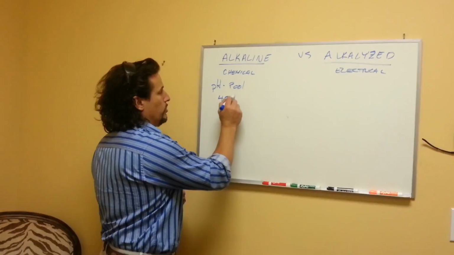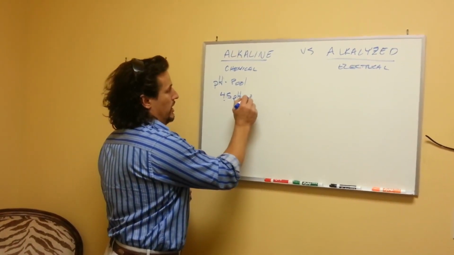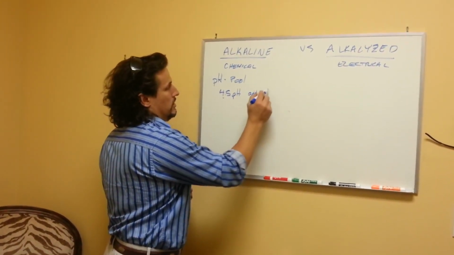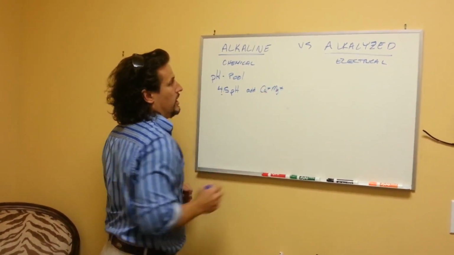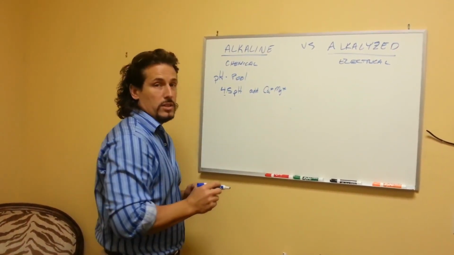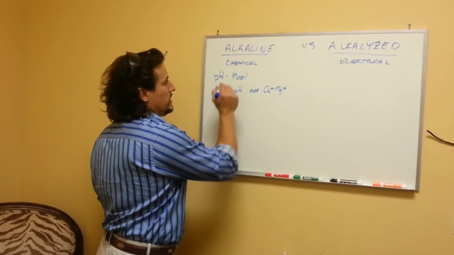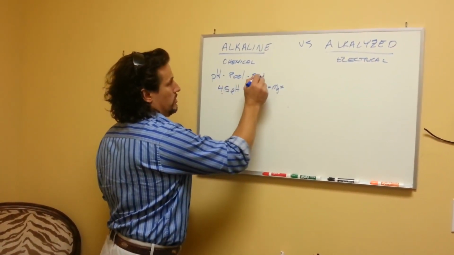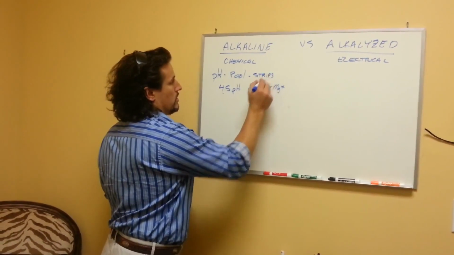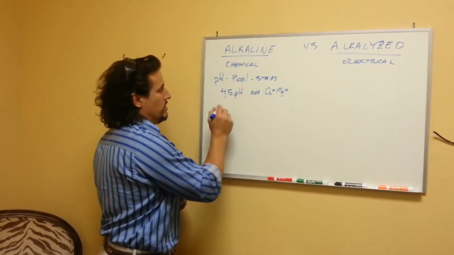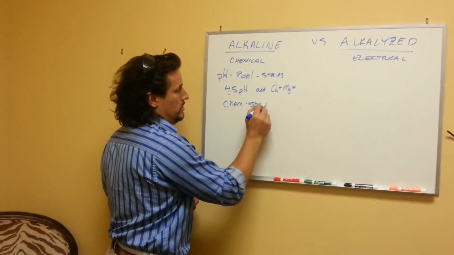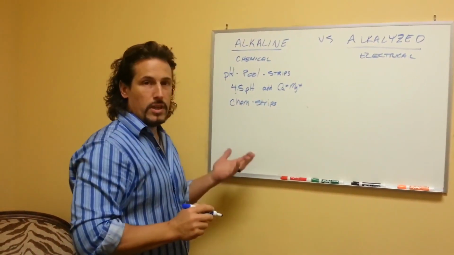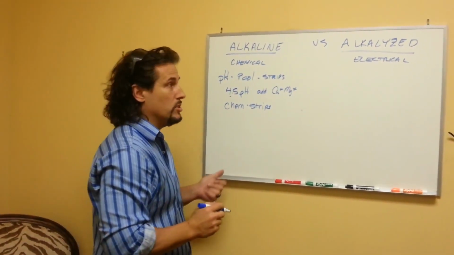Well, with a pH of 4.5, you would then add either calcium or magnesium or something like that to increase the alkalinity. What the pH strips are looking for is, they're actually known as chem strips, which means they're looking for a chemical composition change.